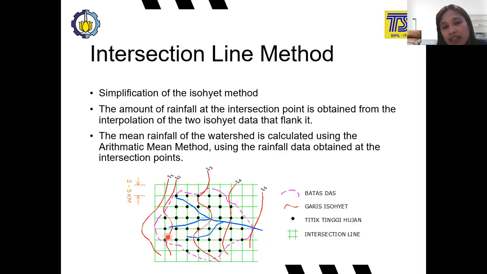For example, here is 18, and here is 18. This middle one is a little bit farther from 20, so maybe it's 16 or 17. And then we can calculate the average using the arithmetic mean method. So this one is a simplification of the isolated method, but it's like a collaboration between the isolated method and the arithmetic mean method.